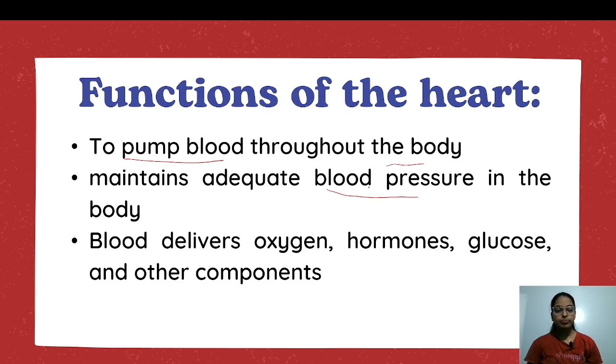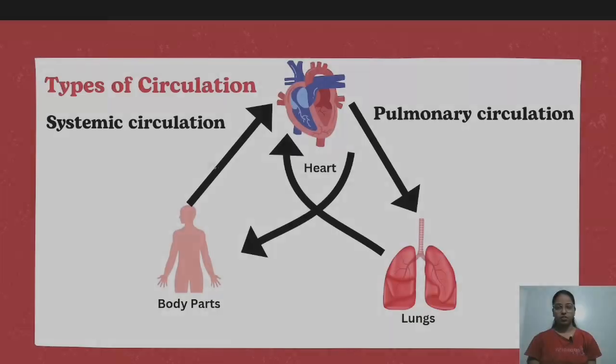As the heart pumps the blood to all body parts, and blood contains all kinds of components, blood delivers oxygen, hormones, glucose, and other components to all body parts. So these are the three main functions of the heart: to pump the blood, to maintain adequate blood pressure, and third, blood delivers oxygen and other nutrients to all body parts.